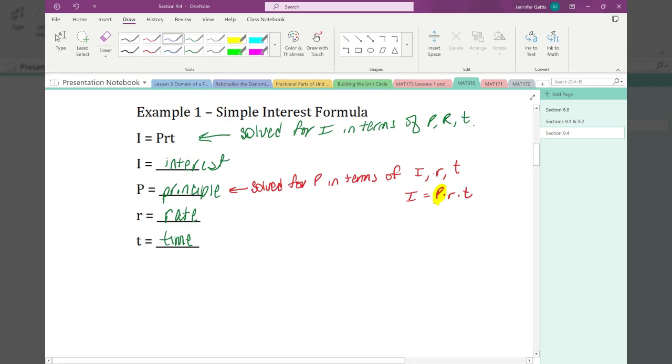So how about if I divide both sides by R times T, because that's what I need to pull away from the P. And so this solved for P in terms of I, R, and T would be P is equal to I over RT.